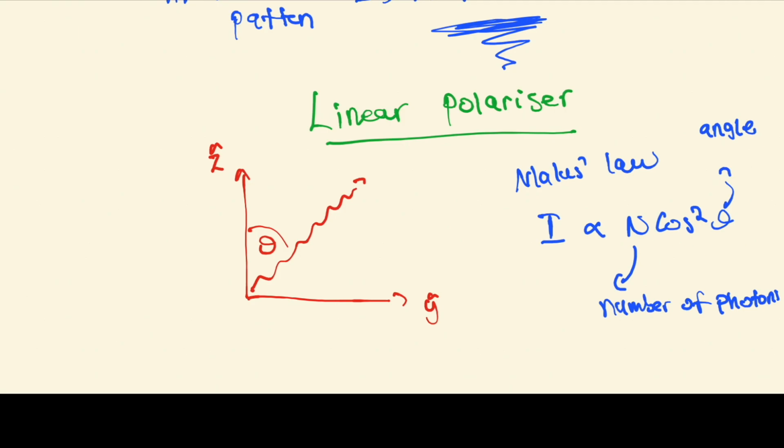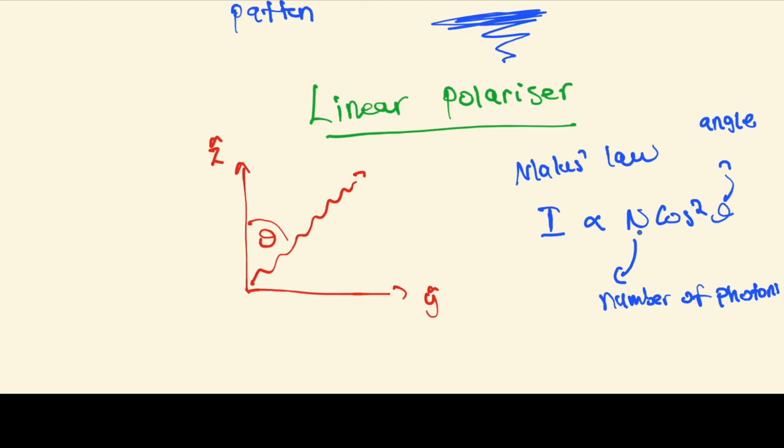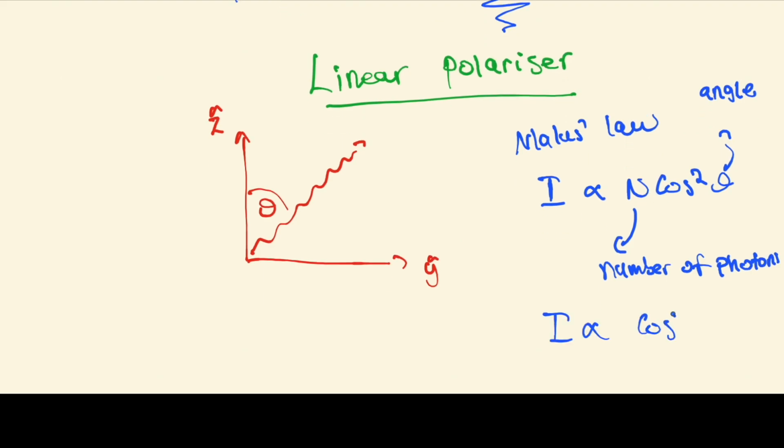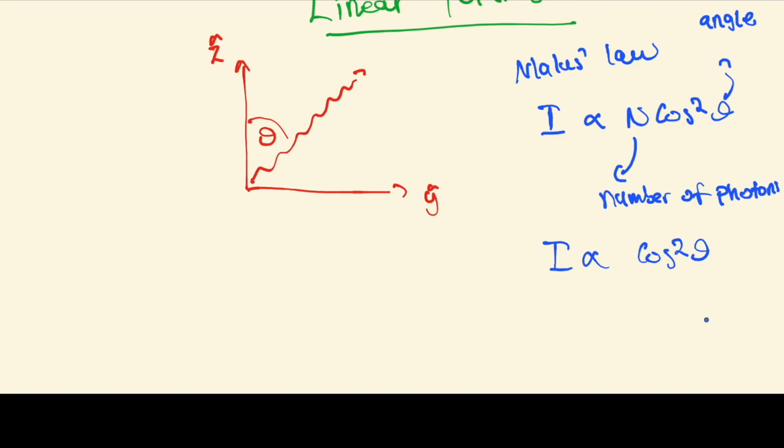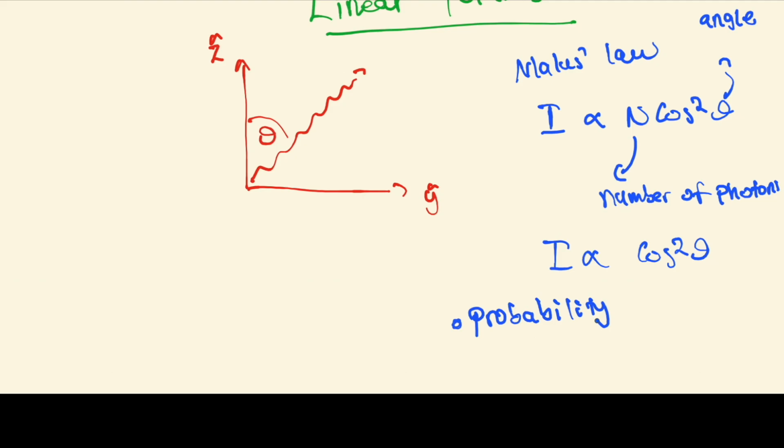This result seems to make sense if we consider loads of different photons passing through the analyzer. However, if we consider an individual photon passing through the analyzer, the probability goes as cos squared theta. What this shows is that for a single photon approaching the analyzer, there is a probability that it is either going to be absorbed or going to pass through the analyzer.